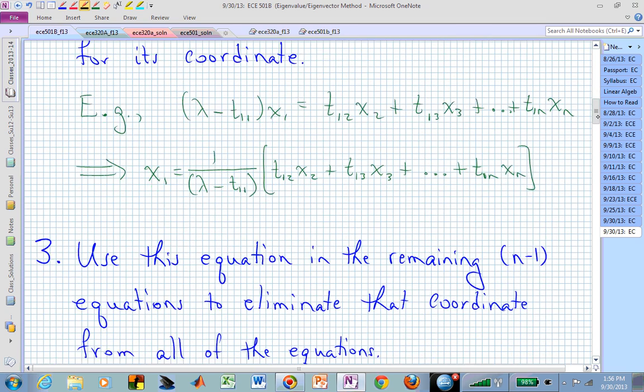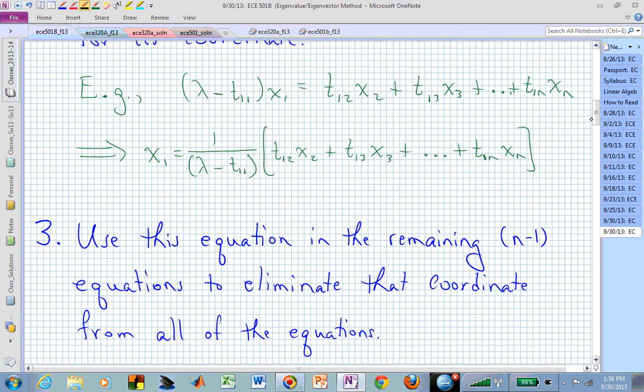We now want to use that and substitute that. That was our first equation in this example. Now substitute for x1 in the remaining n minus 1 equations. Meaning in the second equation, use this relationship for x sub 1 and substitute it out. And now we have n minus 1 equations in terms of these n minus 1 coordinates, x sub 2 through x sub n.